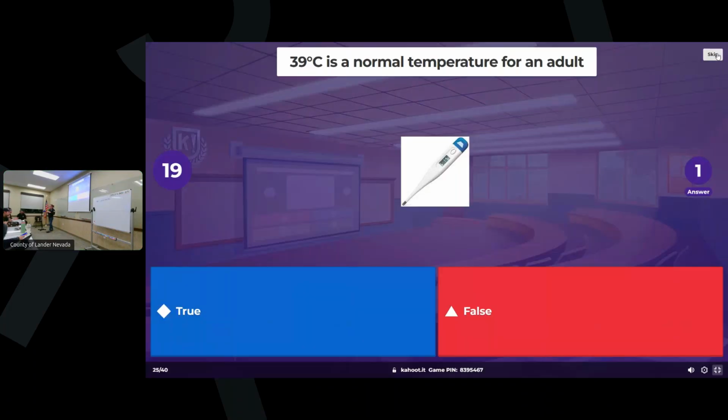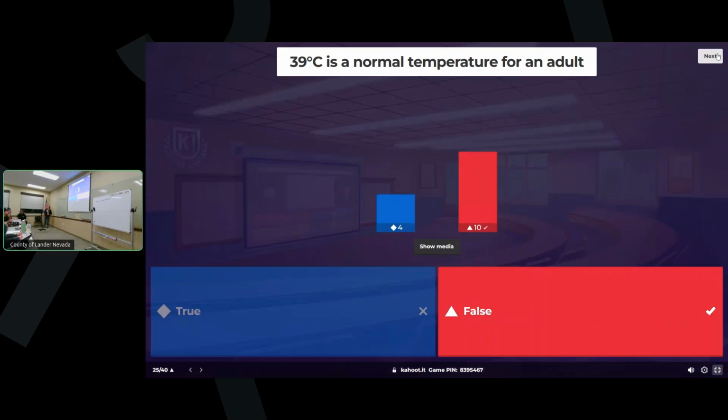39 degrees Celsius is a normal temperature for an adult. False. So normal degrees in Celsius.